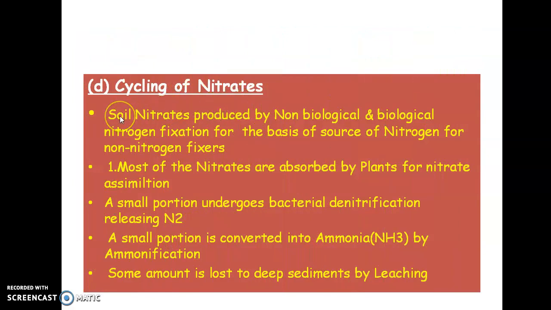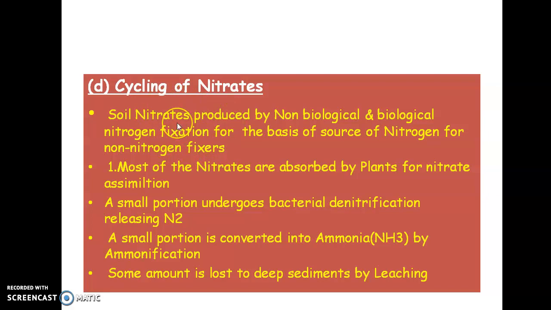So now from ammonia, nitrates are formed. So these nitrates are now in the soil. From the soil, these soil nitrates are generally absorbed by the plants. Soil nitrate, which is produced by non-biological as well as biological nitrogen fixation, forms the basis of the source of nitrogen for non-nitrogen fixers.